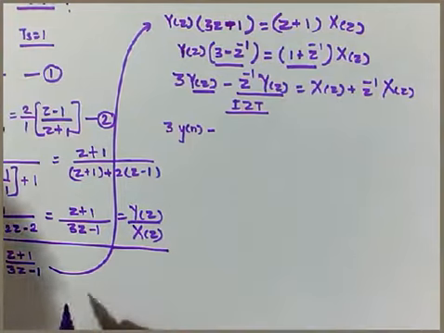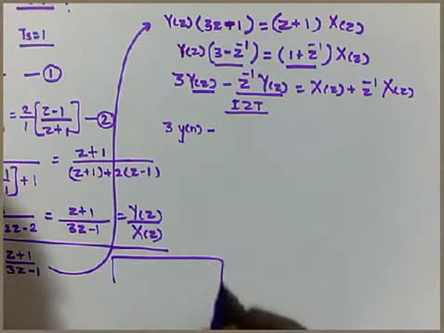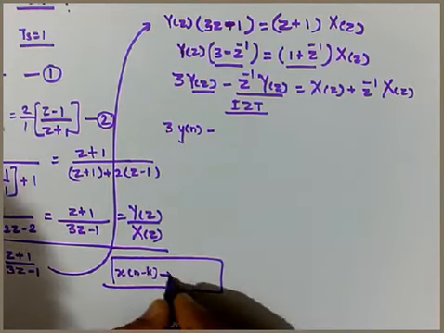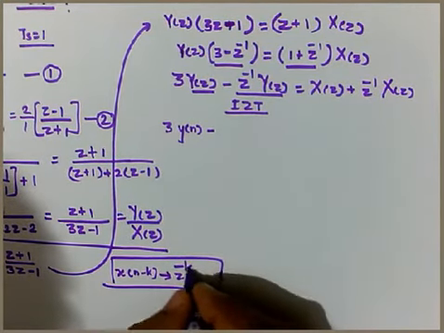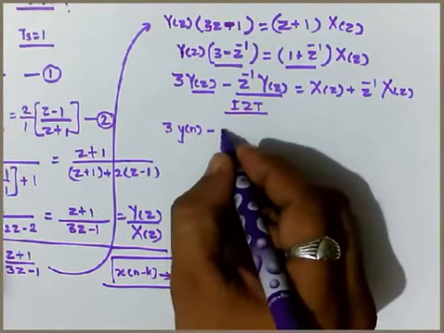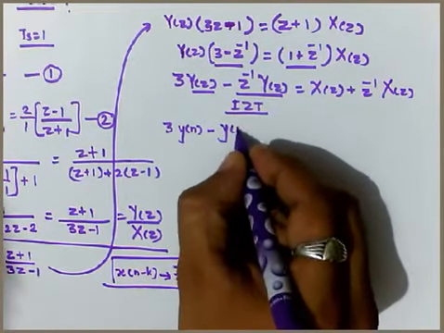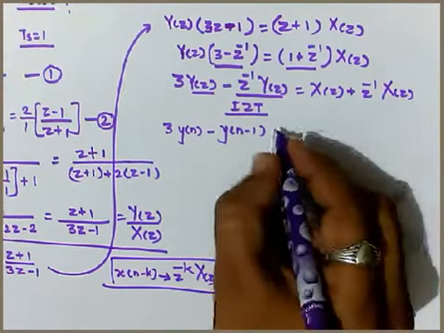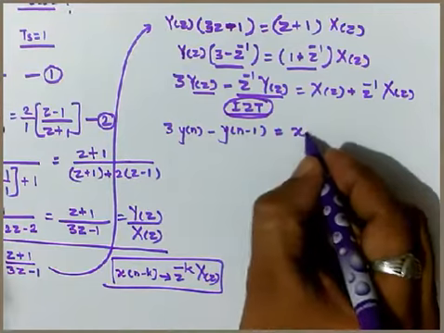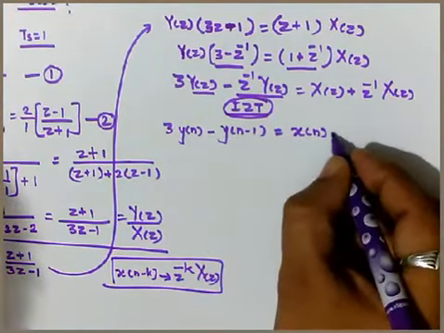Therefore y of n will be what? It is nothing but 1 by 3 times this entire term, that is x of n plus x of n minus 1 plus y of n minus 1. So this is the entire y of n, and that is the difference equation.